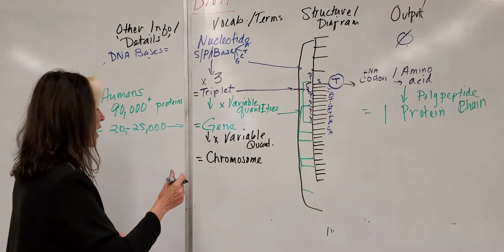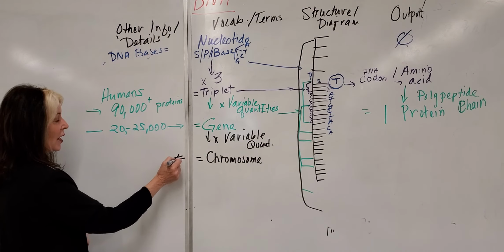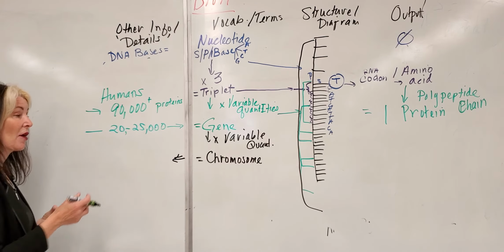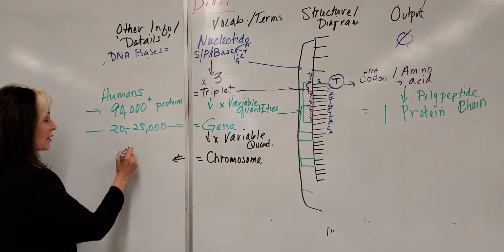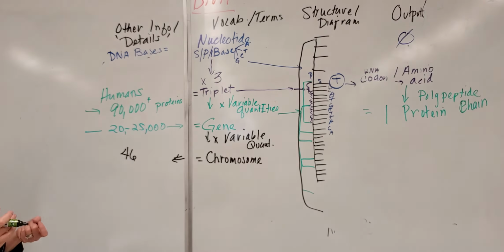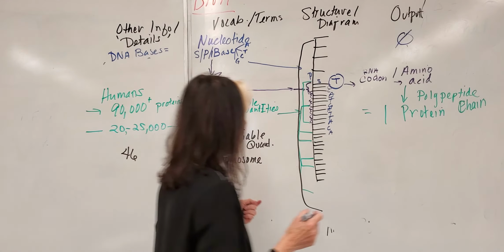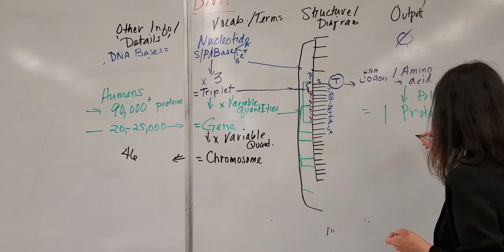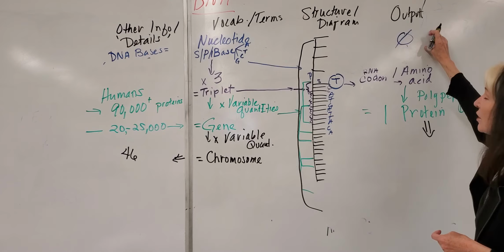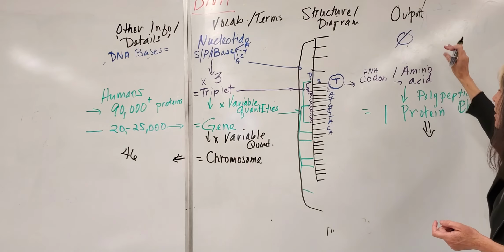Now in humans, how many chromosomes do we have? The total number of chromosomes in humans is 46. We have 46 of these coding strands. What happens when we go over here and drop this down, right? Because a nucleotide doesn't make anything on its own.